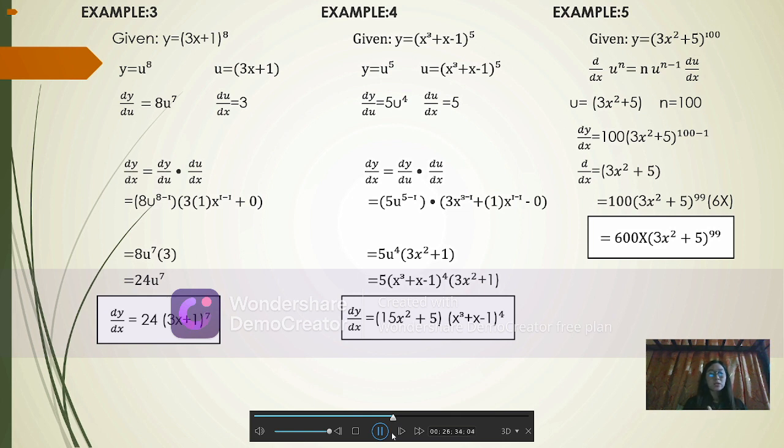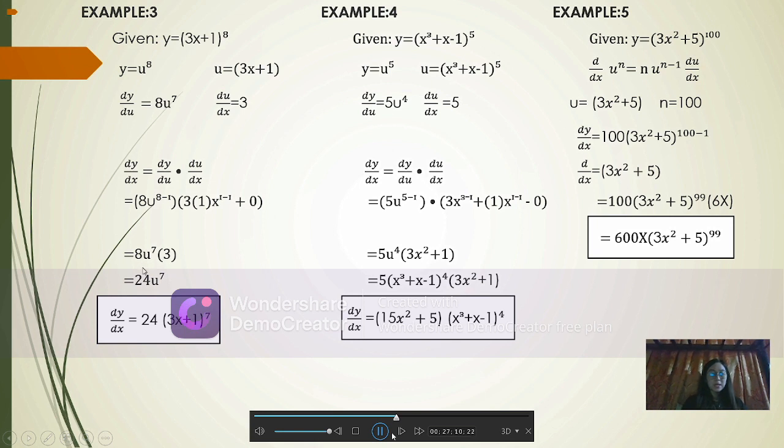So, dito, dy over dx is equal to dy over du times du over dx. Equals 8u to the 8th power minus 1. Then, 3 times x to the 1 minus 1. So, magiging 0 na yon, then plus 0. Itong 0, 3 kasi to, kaya naging 0 na siya.